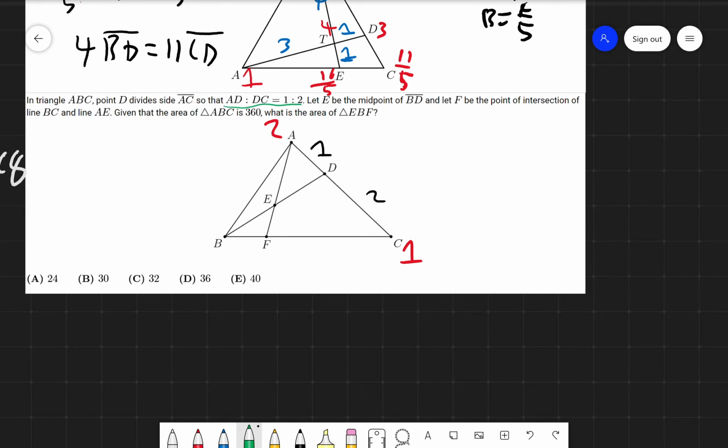We know E is a midpoint. Area, yeah, we're looking for that. I think that E being a midpoint is a really important thing that we need to know. So yeah, cool. Let's do it.